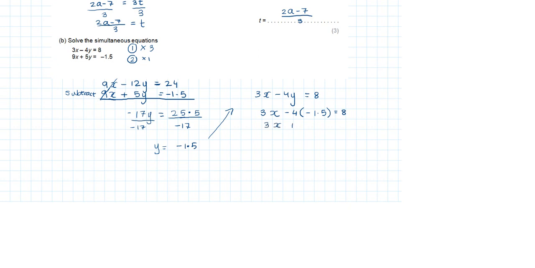Subtract 6 both sides. That gives me 3x is equal to 2. And x equals 2 over 3.